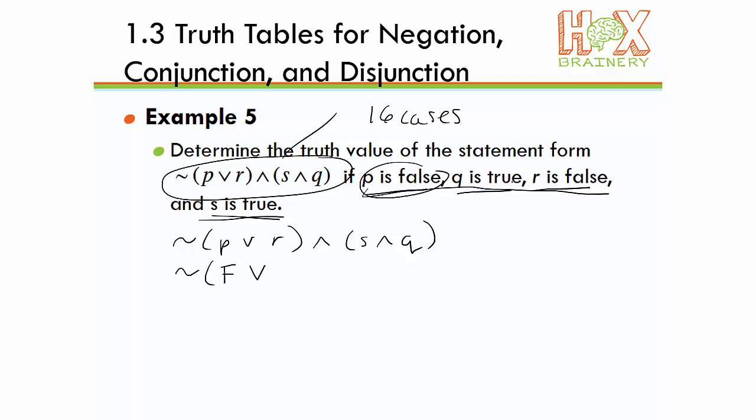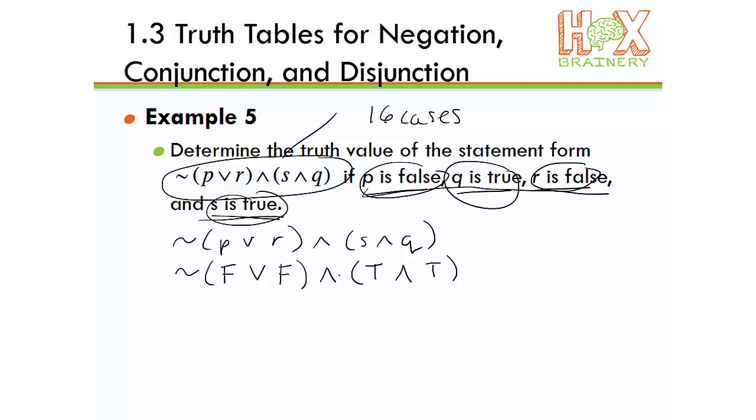Or R I'm told is also false, so I'm going to replace R with F. Then we have and then we have S. S I'm told is true, so I'll replace S with a T. And Q is also true, so I'll replace Q with the T. So replace all the simple statements with their truth values.